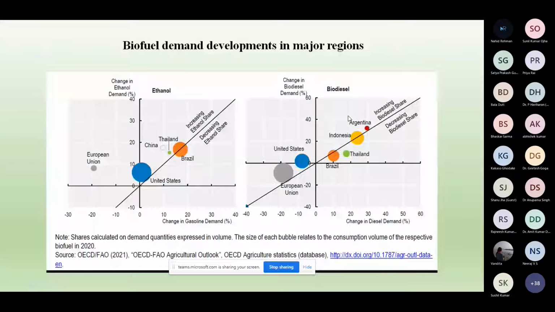If you see, there is an increasing biodiesel share in this quarter. In the lower one, there is a decrease in the biodiesel share, like in Thailand. Regarding ethanol, there is an increased ethanol share. But when you compare, Thailand is demanding more ethanol and less biodiesel. You can compare this way.